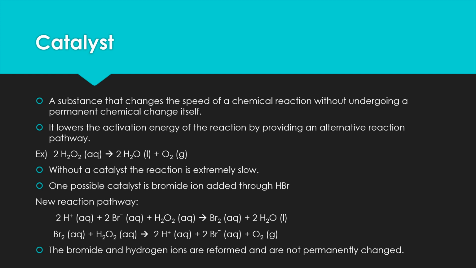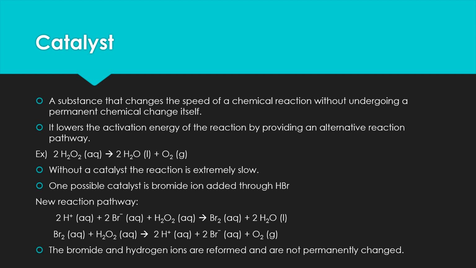An example of one is bromide ion, and it can be added through adding HBr, hydrobromic acid. So if we added that acid to our solution of peroxide, then the hydrogen bromide would split apart into its ions. It would be aqueous. And then we'd have that added H2O2 that's reacting.